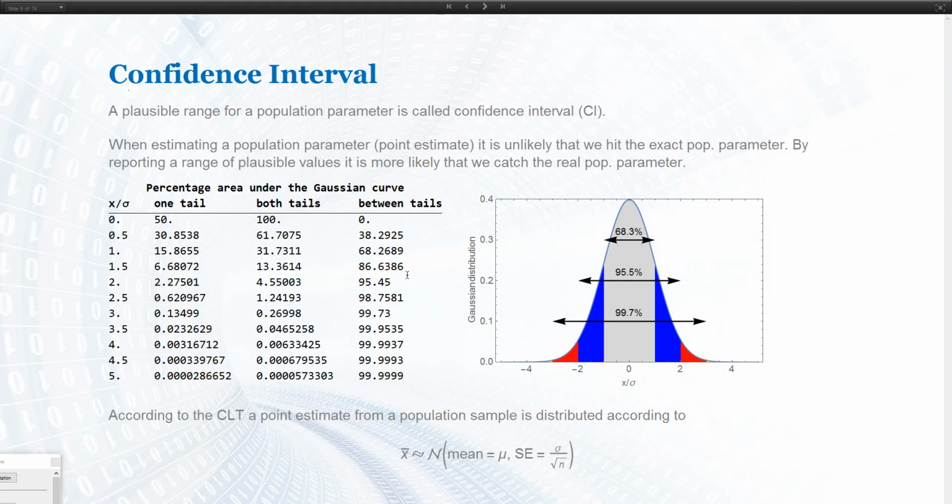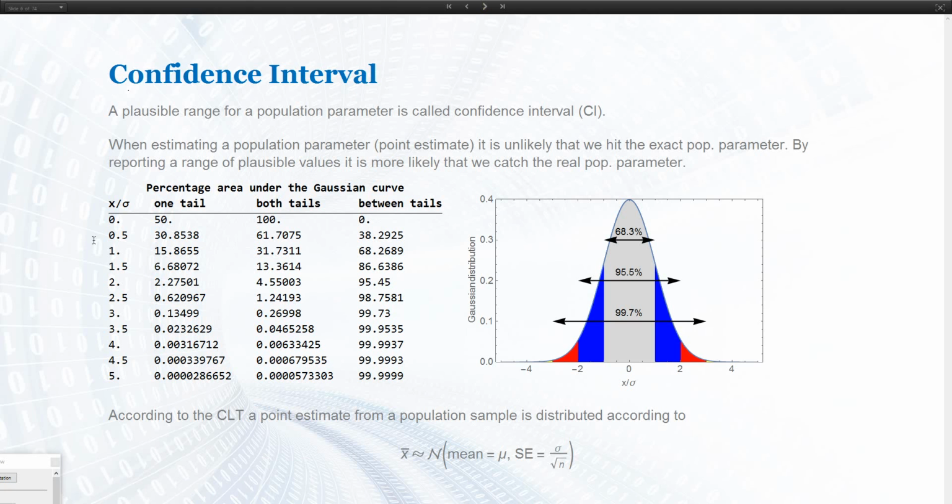Okay, so next I will start by introducing a new term that you probably also know. It's called confidence interval, and that can be described as a plausible range for a population parameter. If you estimate the parameter of a population, the mean value or something, then you usually don't hit it exactly, but scatter around it.